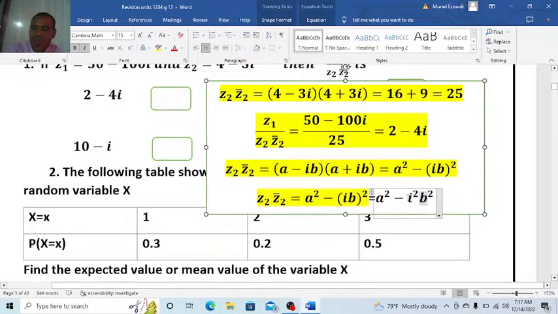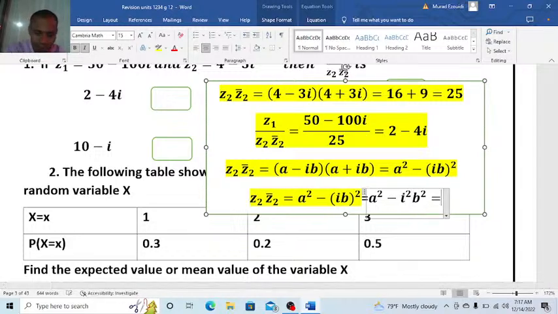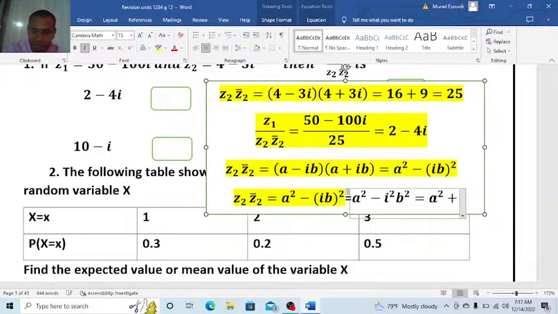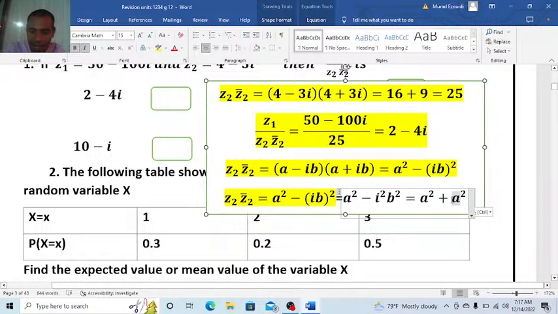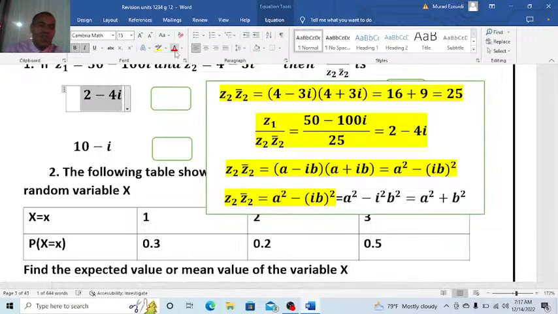But i squared is minus 1, and minus 1 multiplied by minus 1 gives a squared plus b squared. This is the last answer. When you multiply a complex number by its conjugate, you will get this. I wish it's clear for you, my learners. And the correct answer for the question is 2 minus 4i.